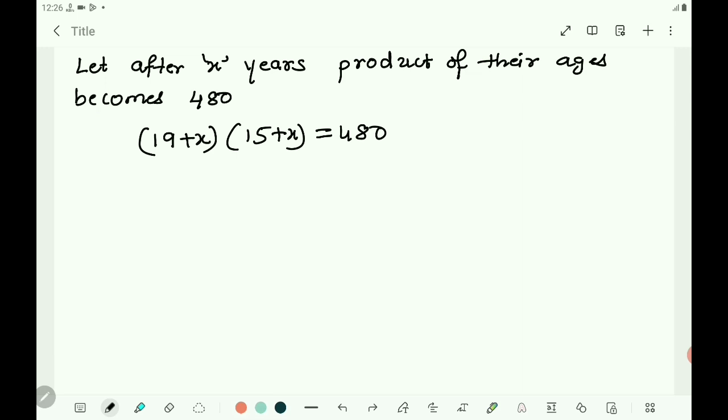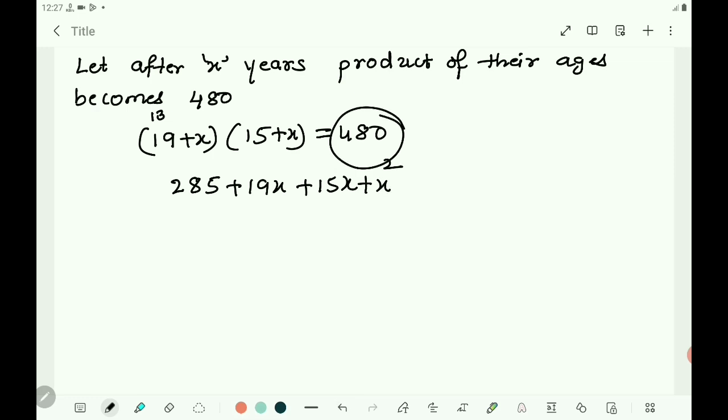Let us write the product here. 15 nines are 135 and 13 carry. 15 ones are 15 plus 13, it becomes 285 plus 19 into x, 19x plus x into 15, 15x plus x into x, x square.